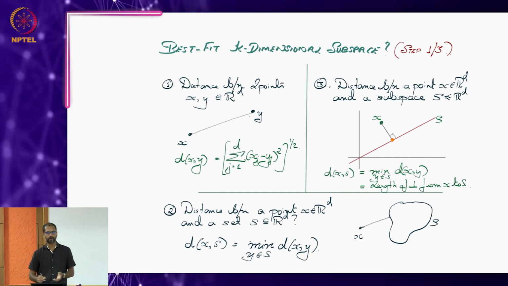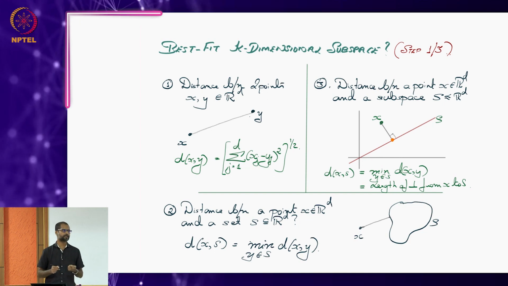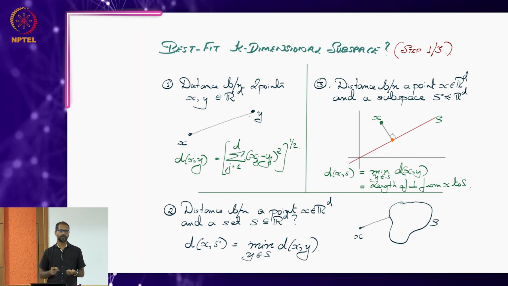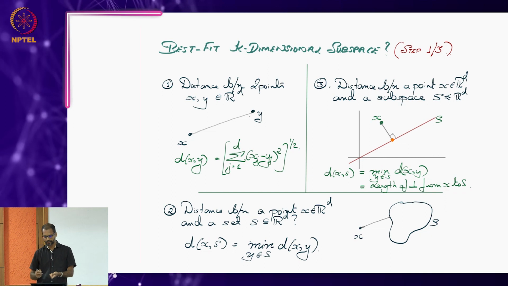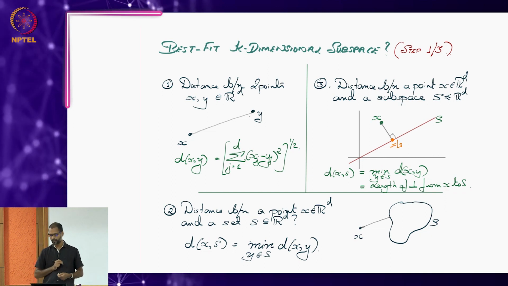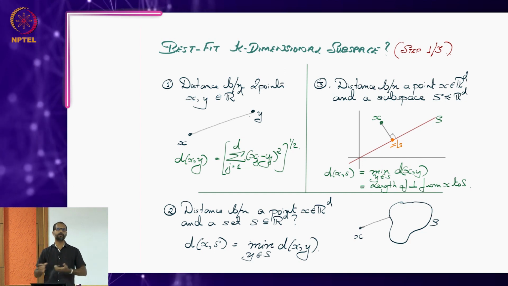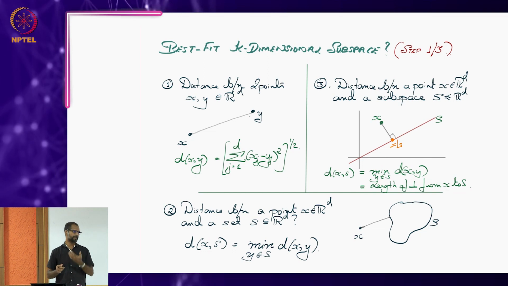Okay, I have drawn this subspace now as a line through the origin, but in your mind you should imagine it as a plane through the origin. Okay, and then the point X, let me call this X's projection on S. The line joining X and X's projection on S will be perpendicular to S itself.